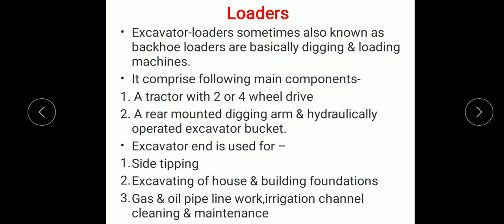It comprises the following main components: a tractor with 2 or 4 wheel drive, a rear mounted digging arm and a hydraulically operated excavator bucket. The excavator end is used for side tipping, or for excavating for house and building foundations, or for gas and oil pipeline work or for irrigation channel cleaning and maintenance.